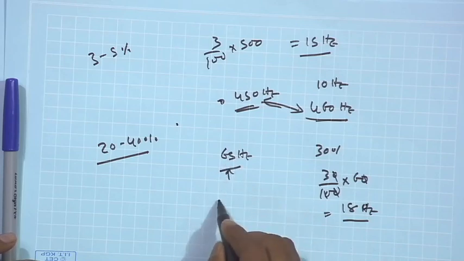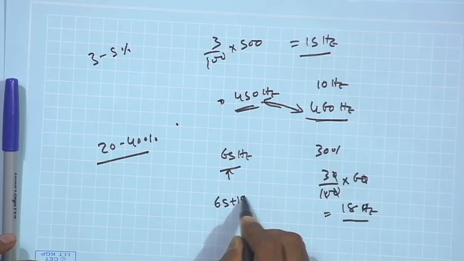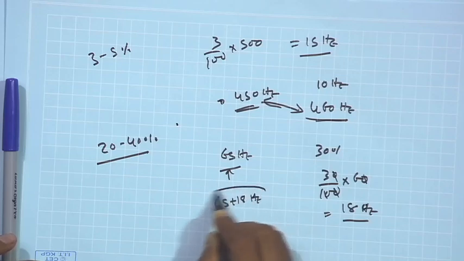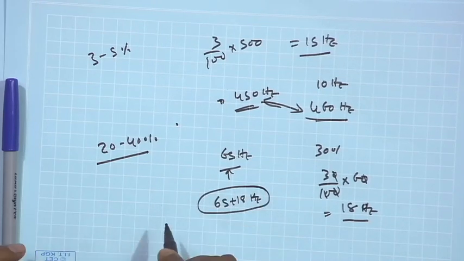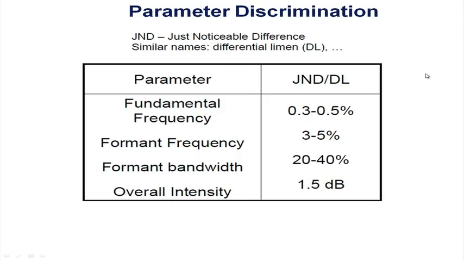So instead of 65, even if it is 65 plus 18 hertz, we cannot see any difference. That is called just noticeable difference, JND. Due to the limitation of human perception, we cannot distinguish if the change is within this limit.